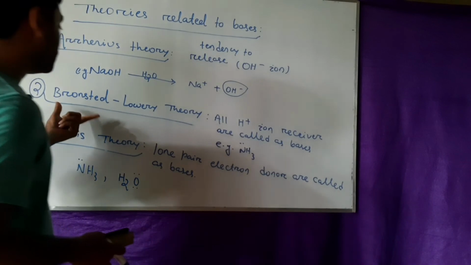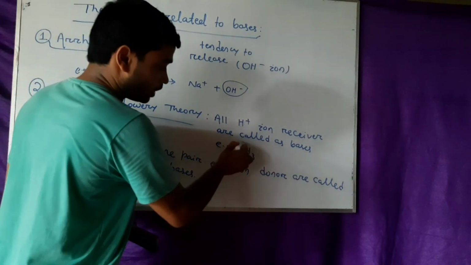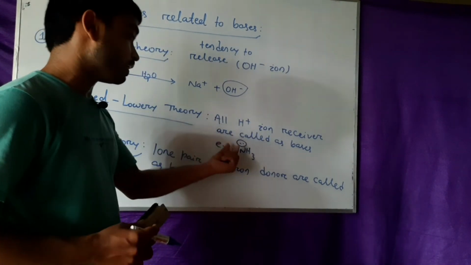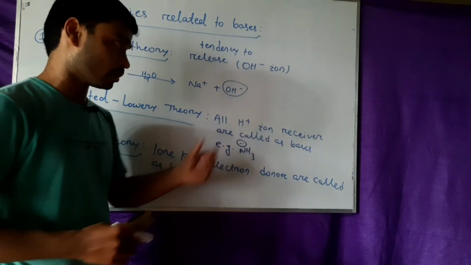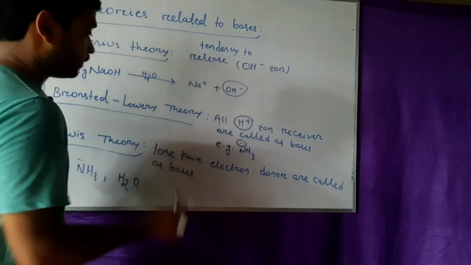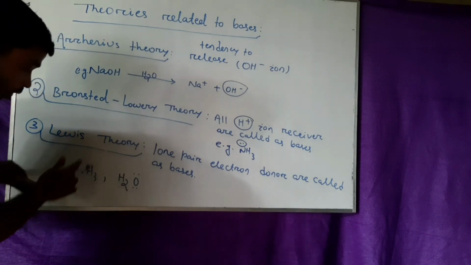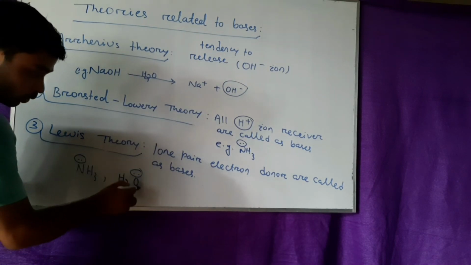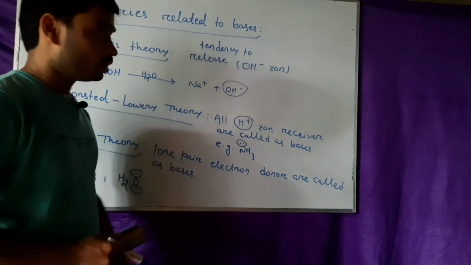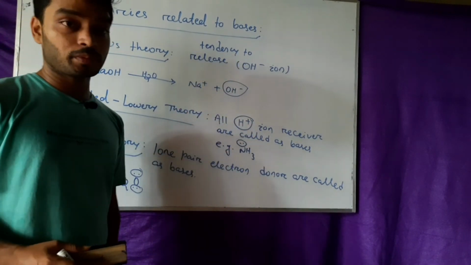According to Bronsted-Lowry theory, any chemical that has a tendency to receive H plus ion is called a base, and the Lewis theory says that all the lone pair electron donors are called bases. In this way, we can consider the acidic and basic nature of chemicals.